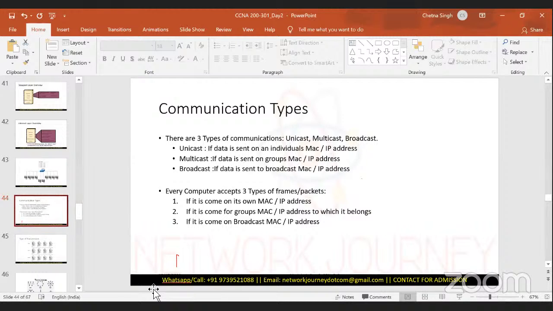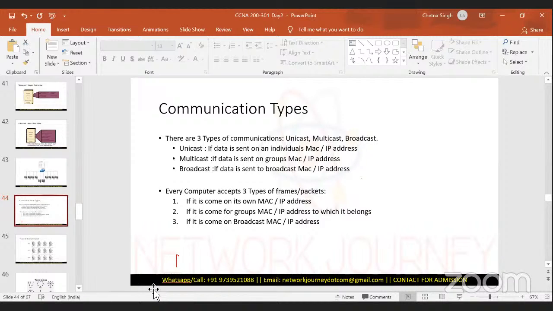So when does a computer understand that it has to accept a particular packet or frame? If it is meant for its own, then obviously it has to accept the packet. As soon as it receives the frame or signal from the physical layer, starting from the bottom, layer 1, it looks into the physical specification.